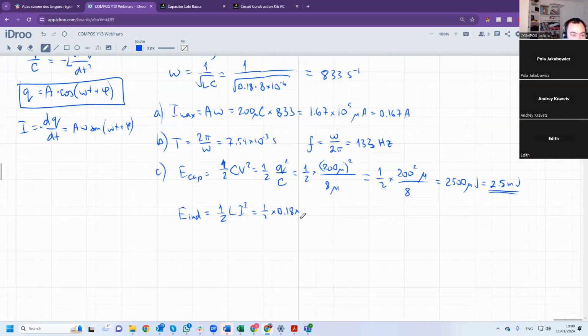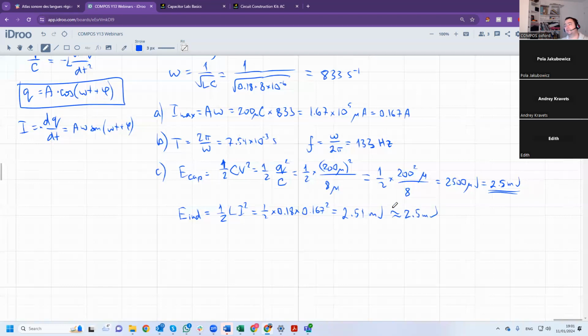The maximum current is 0.167 squared. All right, so 0.5 times 0.18 times 0.167 squared, 2.51 millijoules, which is approximately 2.5 millijoules.